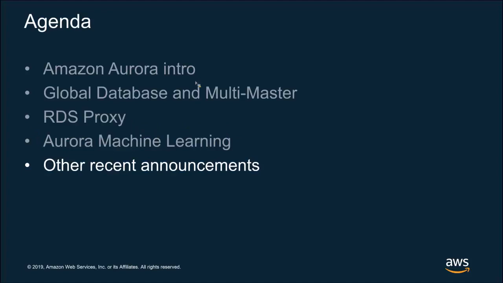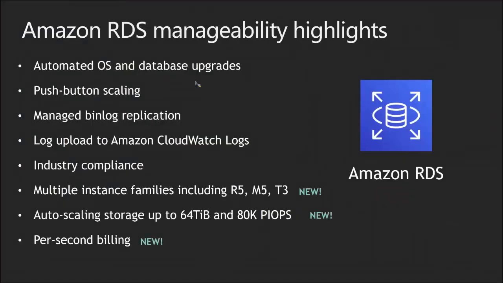And with that, let's do a quick recap of a few other recent announcements on Aurora in case you missed them. These are some of the things that we've always had. We talked about automated updates. It's a managed service, so you get automatic patching of the operating system and the database itself, and very easy scaling, replication, and log management in Amazon CloudWatch.